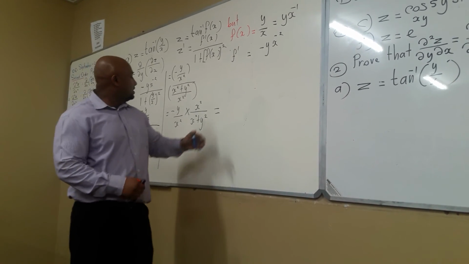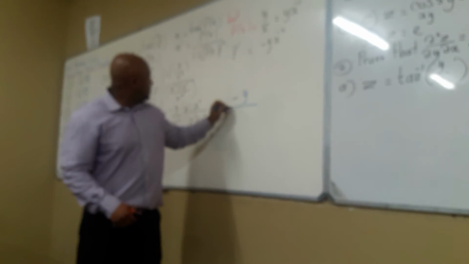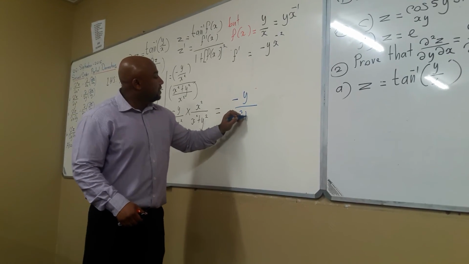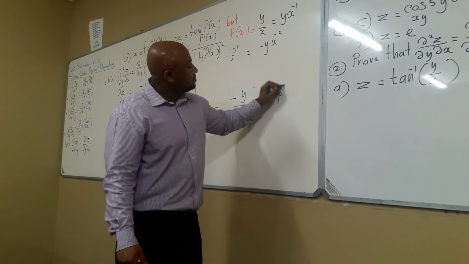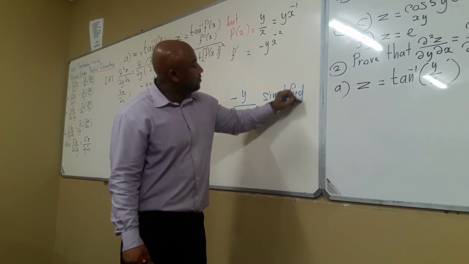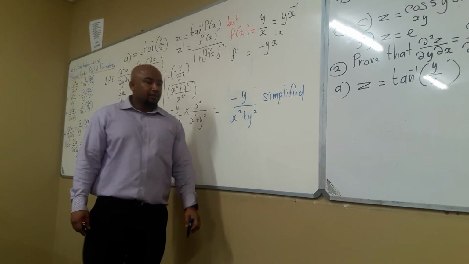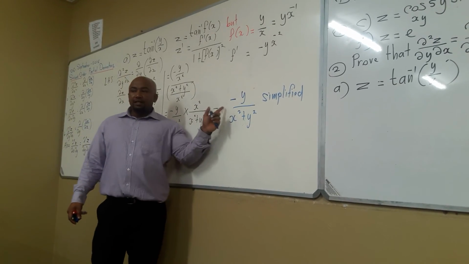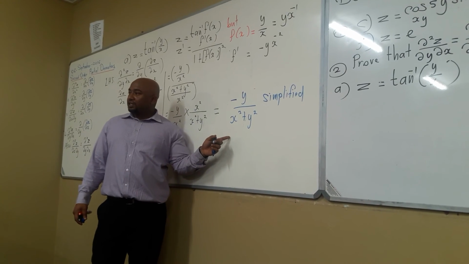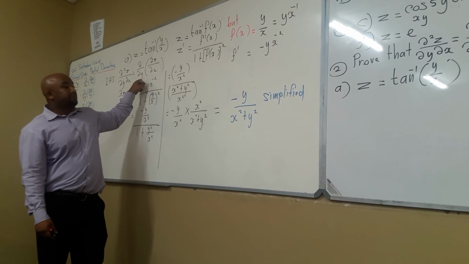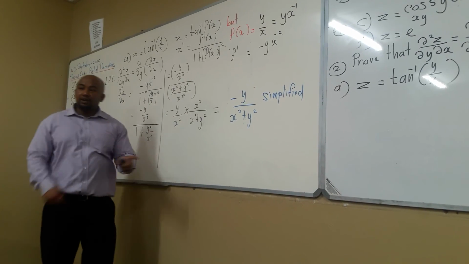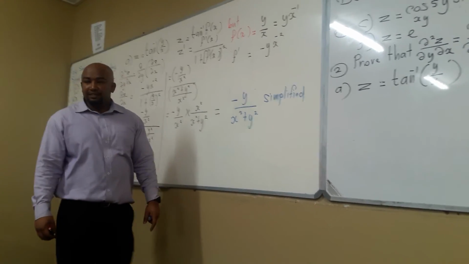You will end up with minus y over x squared plus y squared. So this is simplified. Okay. Minus y. So what do we need to do to this? We need to differentiate it with respect to y. But we will continue with that in the next lesson.